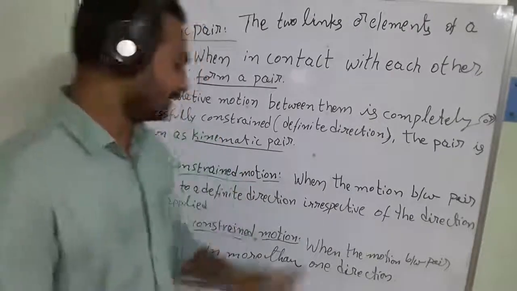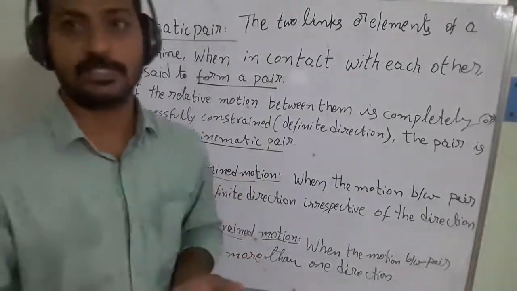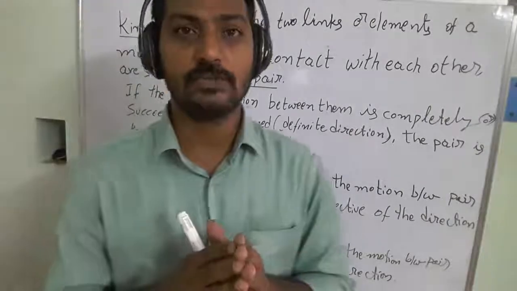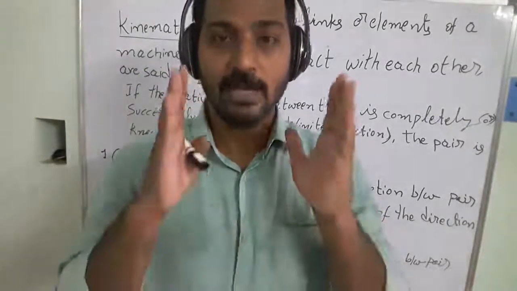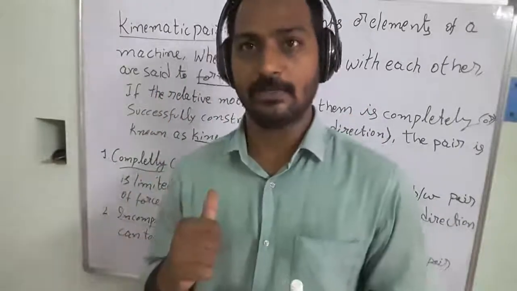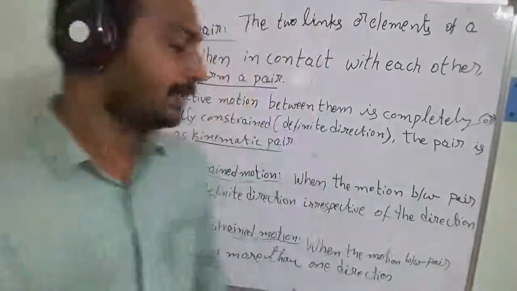Then we can say that is completely constrained irrespective of the force applied on that system. The output we need is either reciprocating motion or circular motion, defined within those limits.